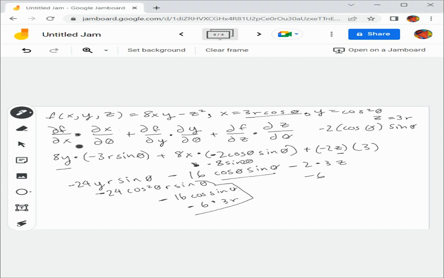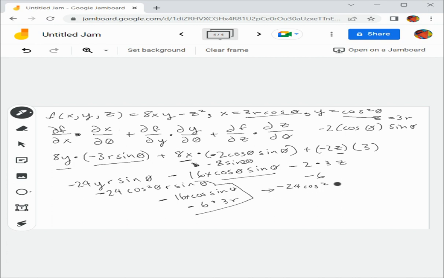Apparently, 3x, yes, I'm right. This one is over here, which is negative r sine theta. Y is... wait, why is it negative? Oh yeah, cosine sine theta. Oh, 8x. There's x here. So I got that one wrong. So I can change this again.